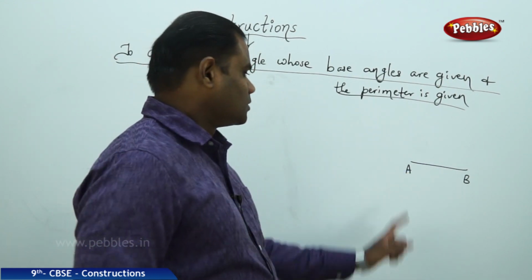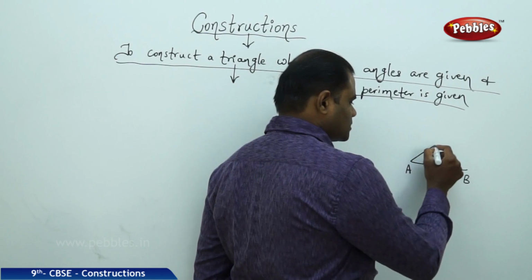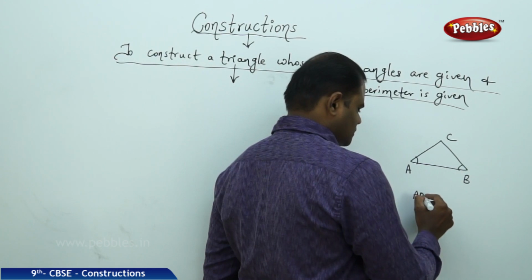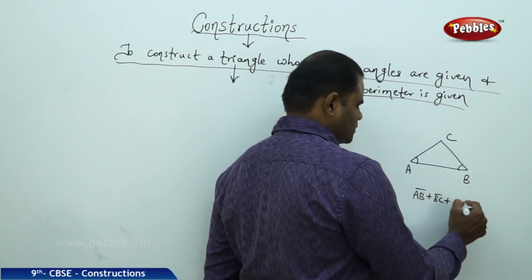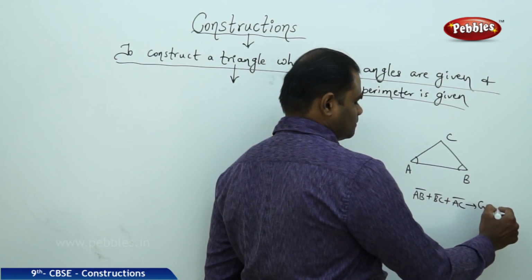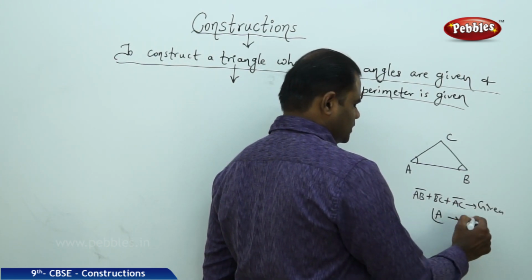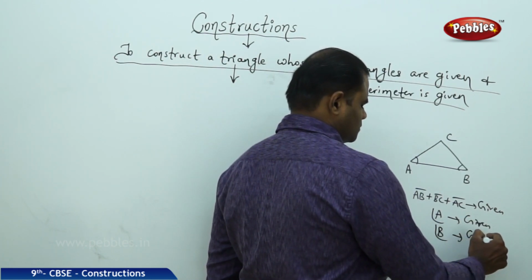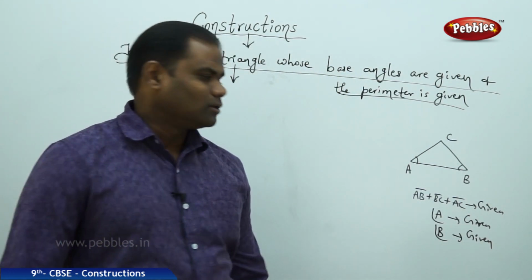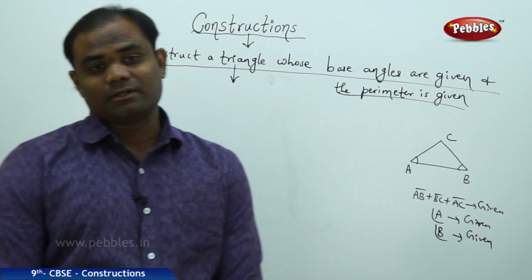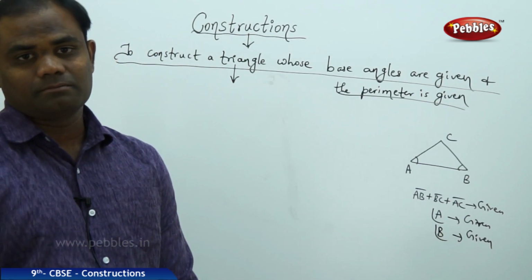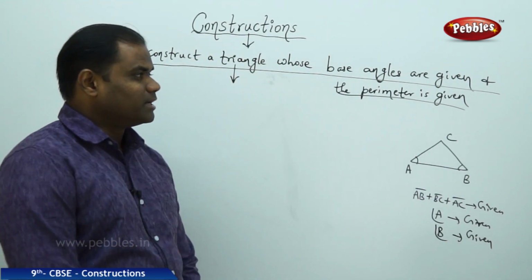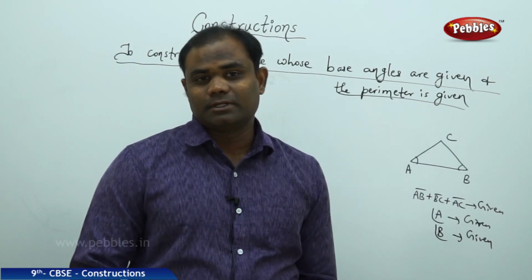So we cannot assume the length, but we assume that the base angles are given and AB plus BC plus AC is given, angle A is given, and angle B is given, is how we have all the three different things which are given in the triangle ABC. So let's see how we can construct a triangle whose base angles are given and the perimeter is given.